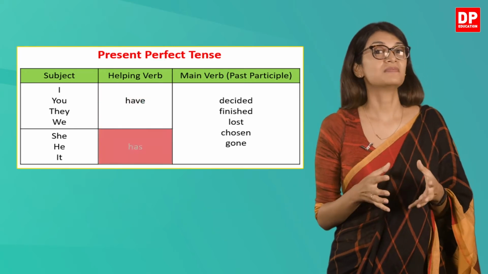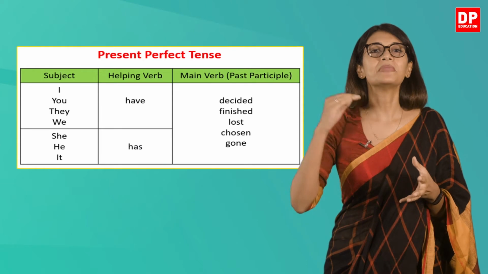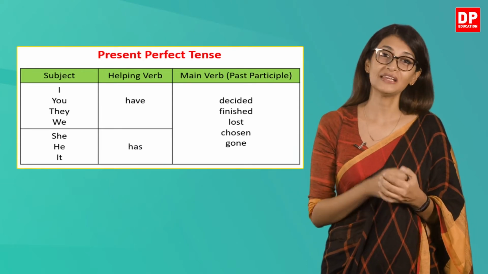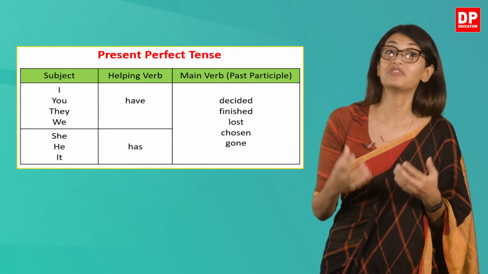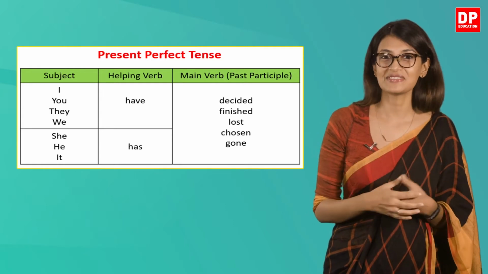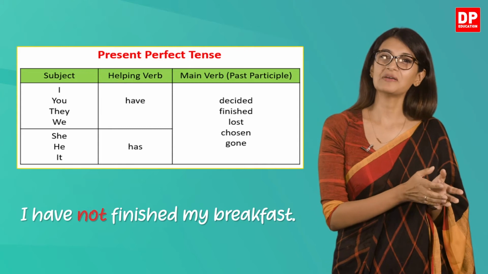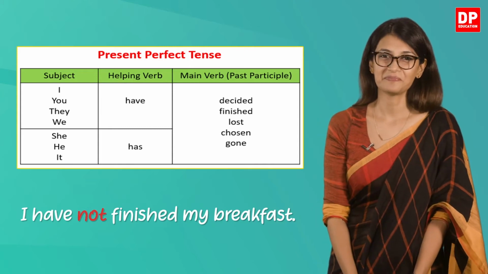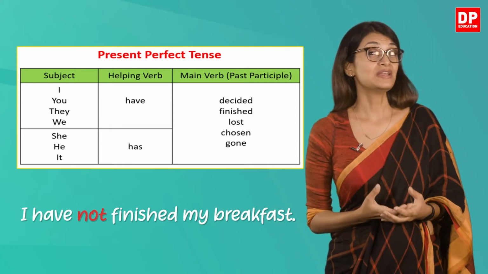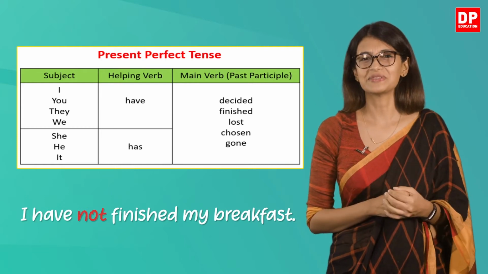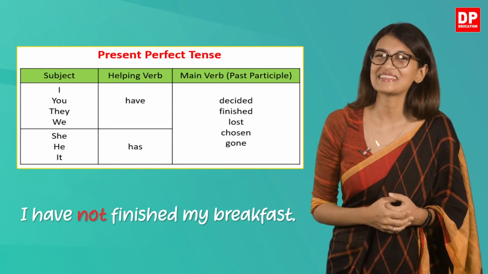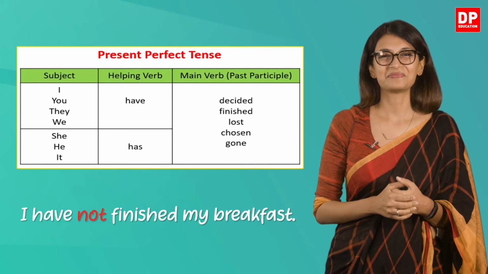The main verb is invariable in the past participle form, ending with ed or irregular. For negative sentences, we insert not between the auxiliary verb and the main verb. Now that we know the basic structure used, let's make a few sentences using this table.